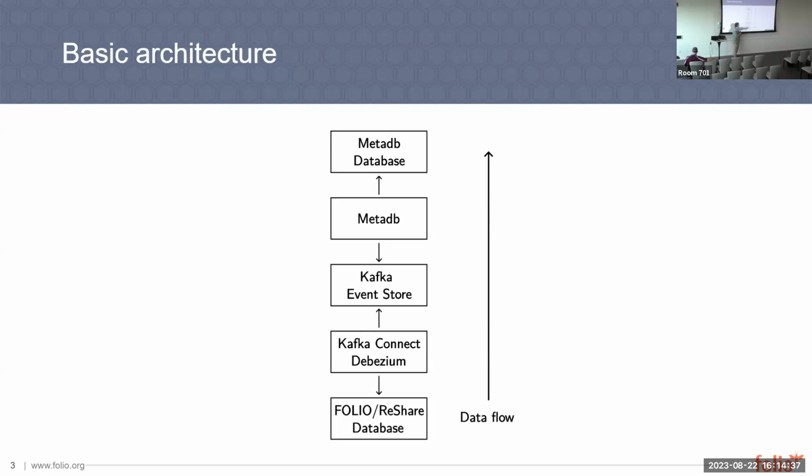So as changes occur here, just to make it concrete, a user is working with the Folio web interface and makes a change to a record somewhere or adds a new record somewhere. That generates a change at the database level. That change is sitting in the write-ahead log.